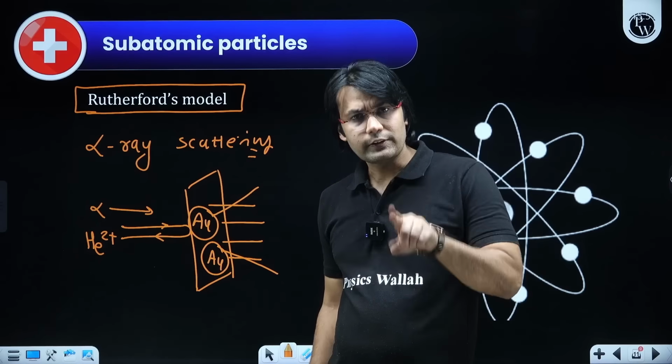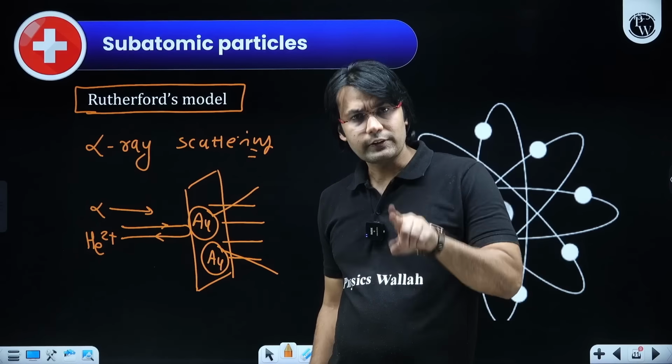So if I read these statements, the very first statement is, atoms of all elements are composed of two fundamental particles. Now definitely this statement is not correct. We know very well that atoms are composed of not two fundamental particles but three fundamental particles, and they are electron, proton and neutron.